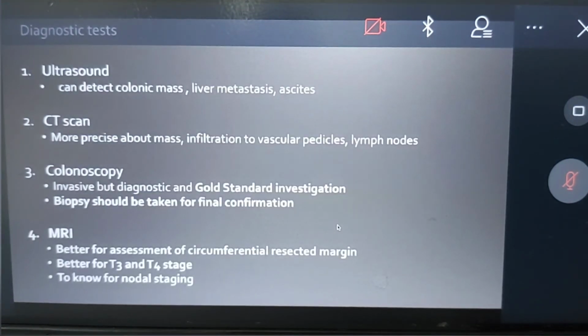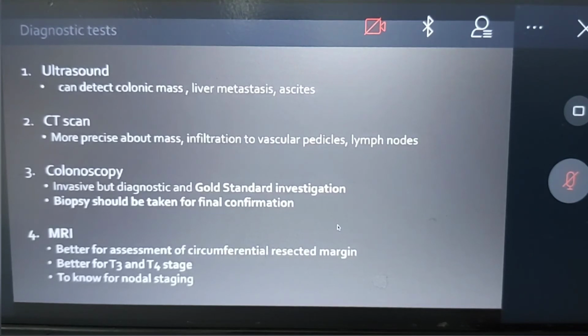For the diagnostic test, the first we usually can do is ultrasound, which is a baseline investigation. It can detect the colonic mass, liver metastasis, ascites, and also para-aortic node.